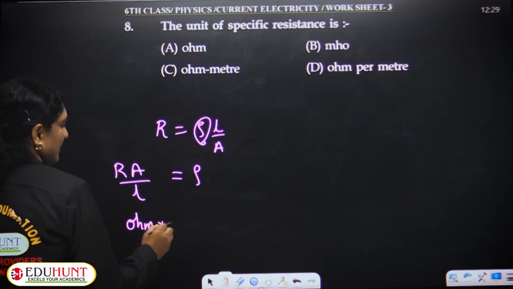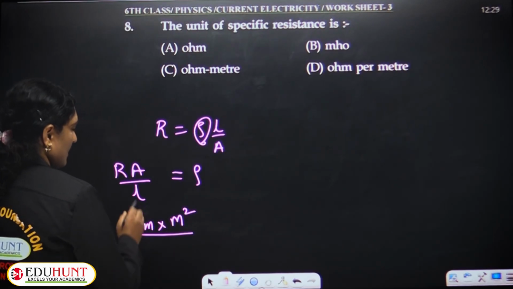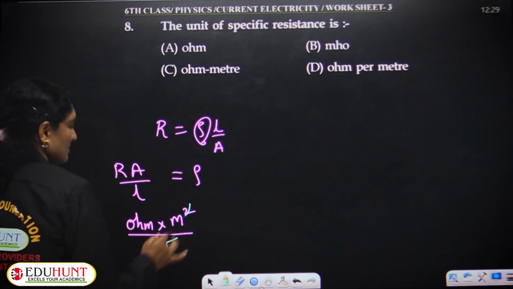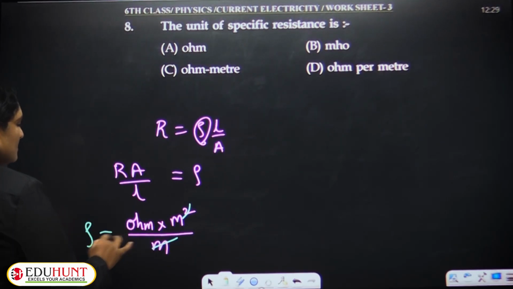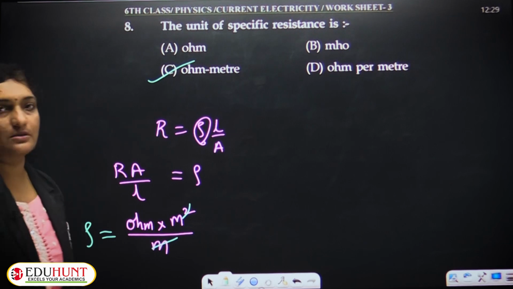For area, it is area of cross section measured in meter square. Length is measured in meters. If you simplify this, what are you left with? Ohm meter. So, the unit of resistivity is ohm meter. Hence, option C must be true.